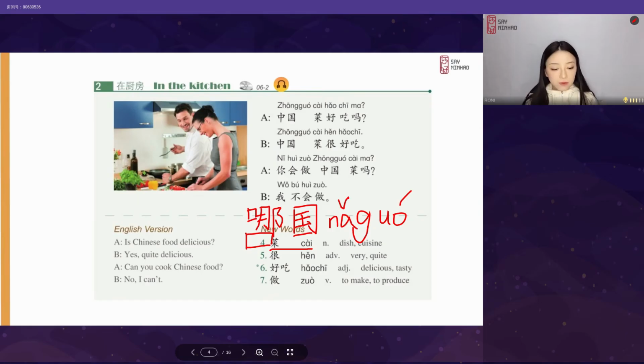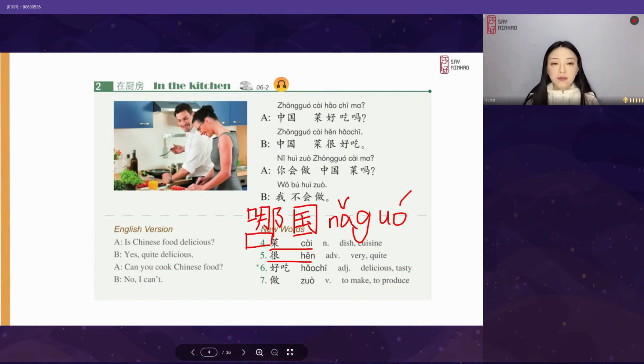And for any kind of dish you want to replace, you can just put in the country, for example 美国菜. Okay, this is about 菜.